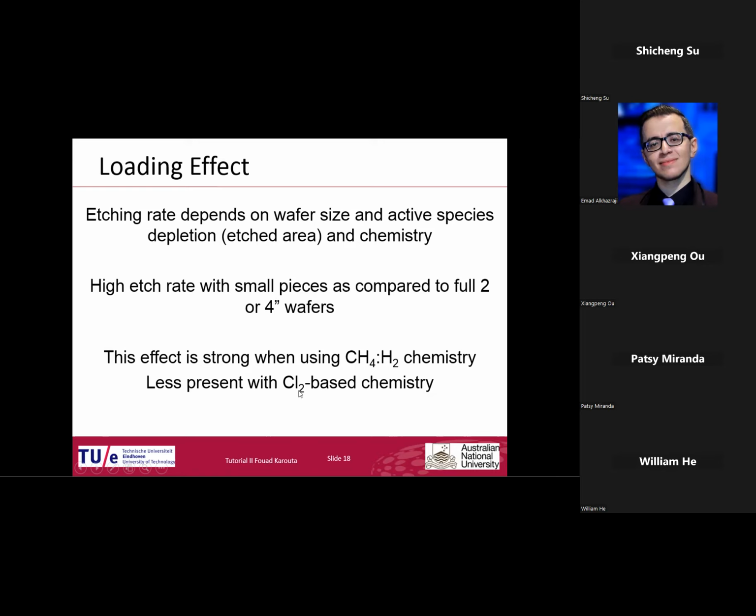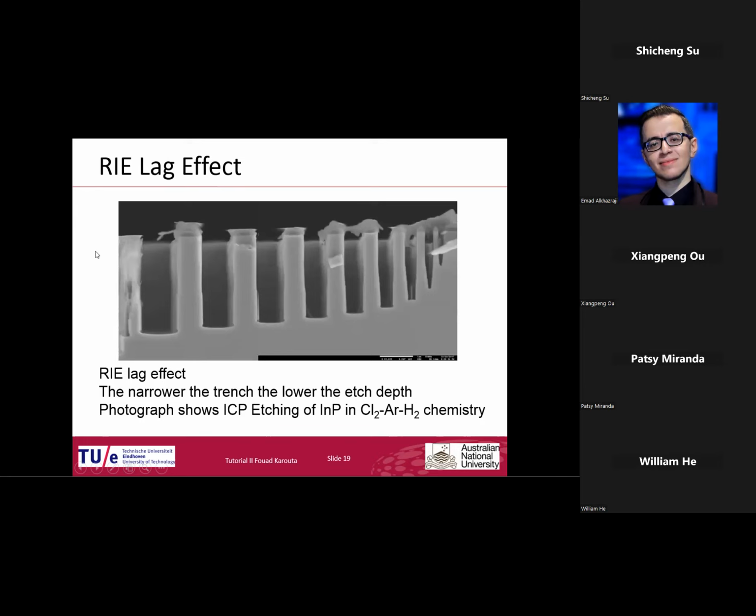It's less present with chlorine because, as you know, chlorine etches everything. So you don't have the loading effect when you are etching with chlorine, using, for example, indium phosphide glued on a silicon wafer. But keep in mind that you may get this kind of variation when you are etching. Don't be surprised.